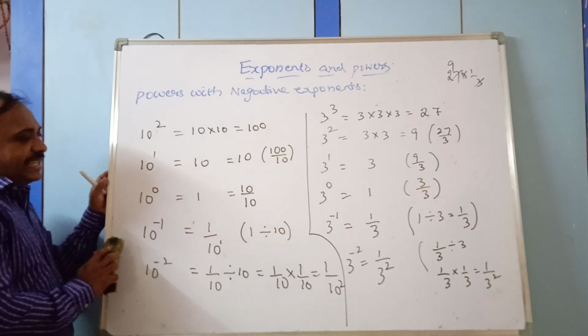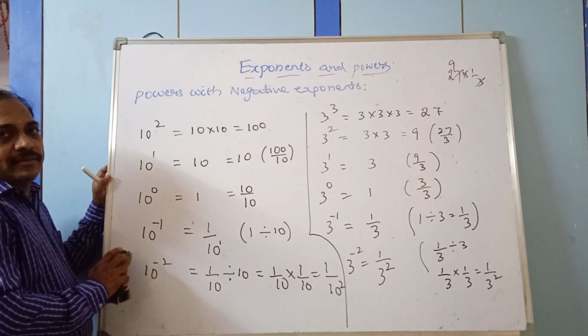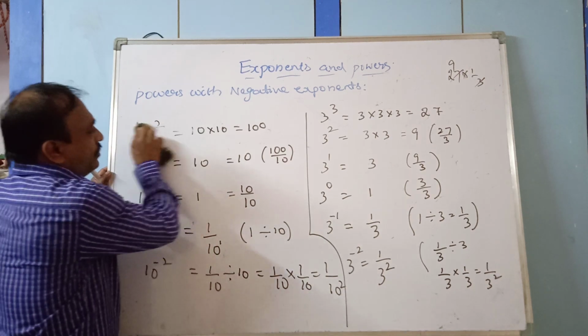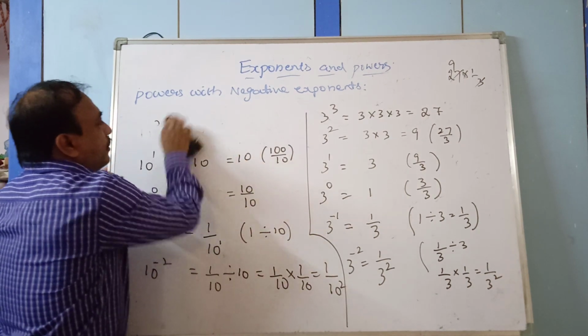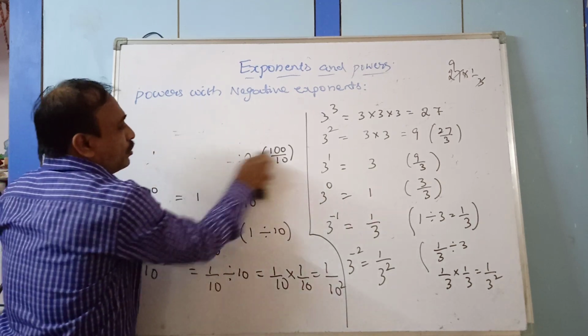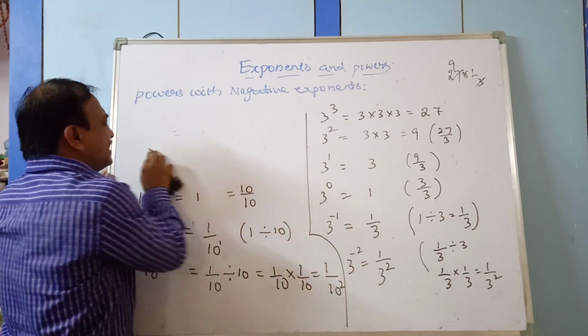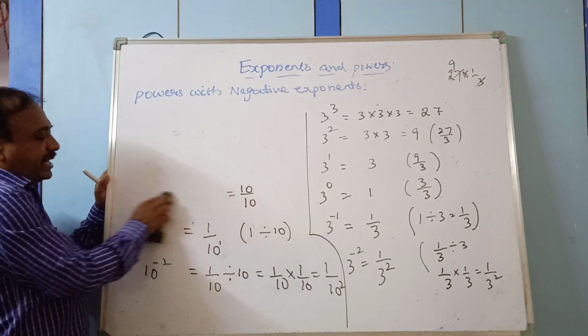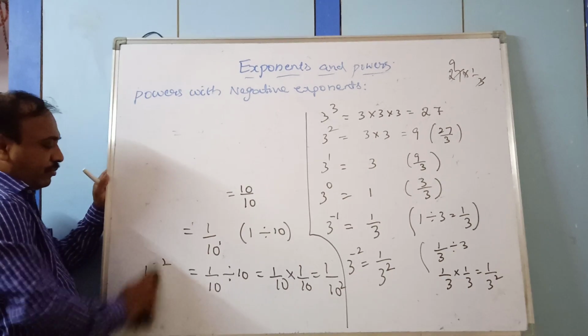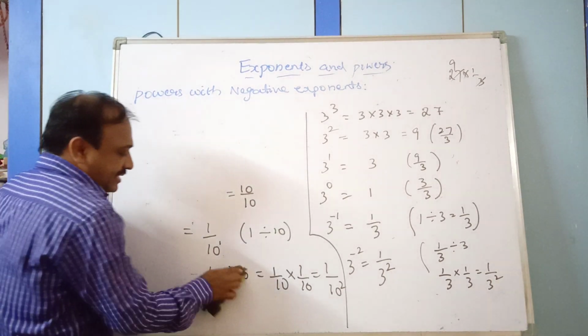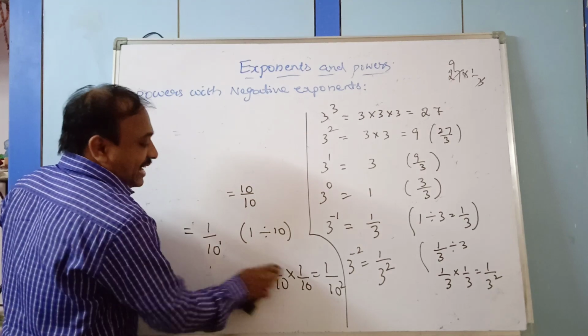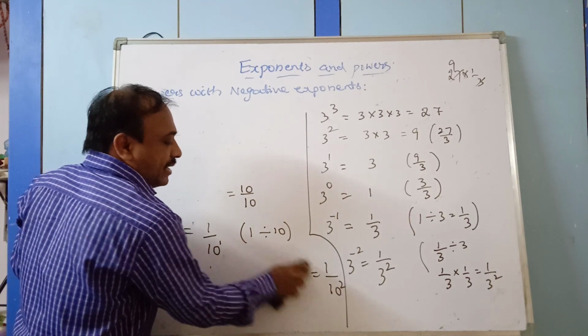Next, now you look at this part. You have to say the answer for this. Whatever the number, if I give a negative exponent, you must be ready to say the answer. So no need to calculate like this. Directly you can say the answer.